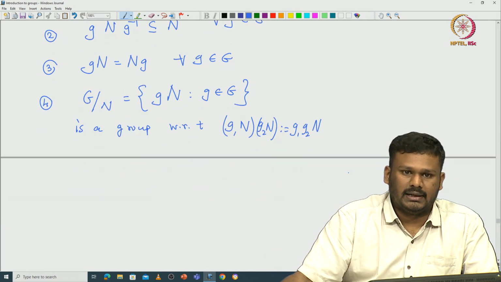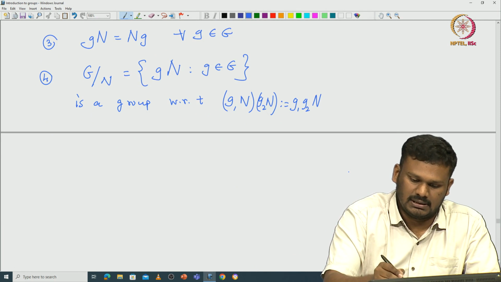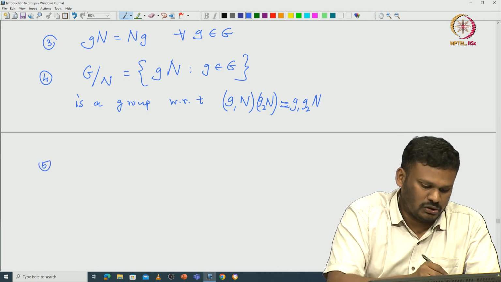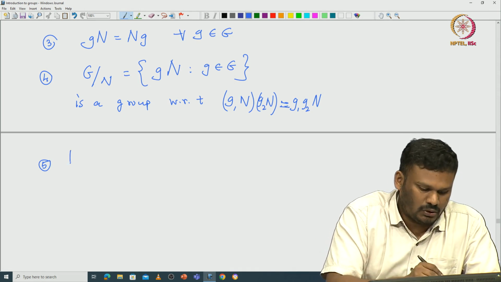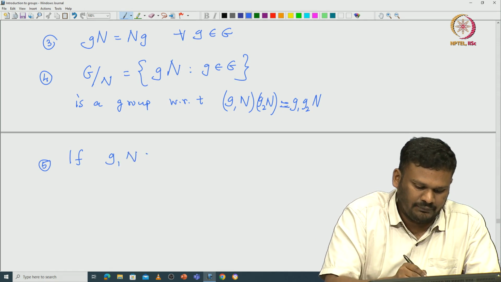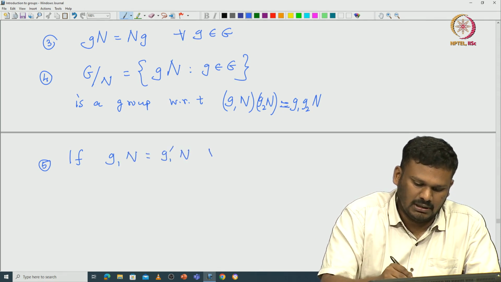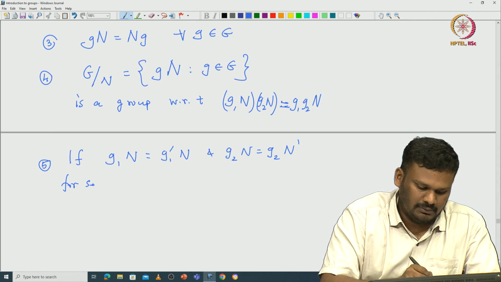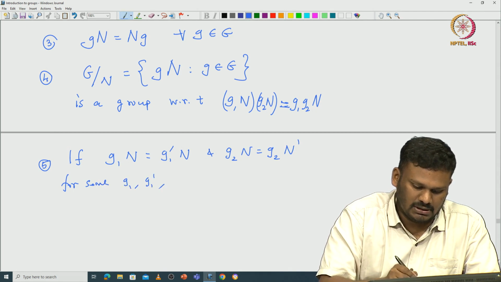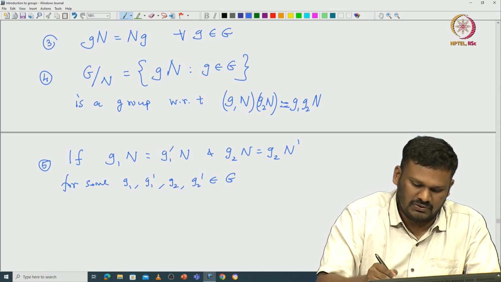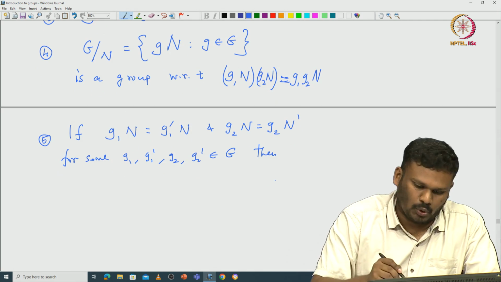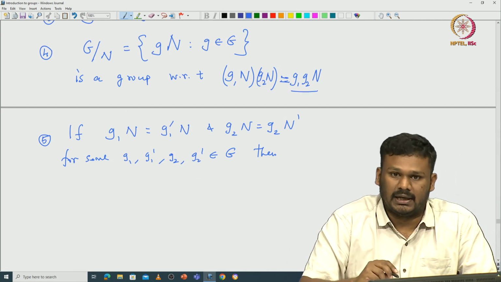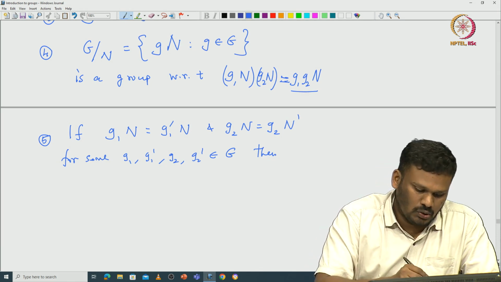Okay. So, note that in this multiplication there is already this well-defined property. So, that one can also take as another definition of this normal subgroup. If we take two different representatives, let us say g1N equal to g1'N and g2N equal to g2'N, for some g1, g1', g2, g2' which are elements of G, then if you consider this product, which you want to demand to be the right hand side, g1g2N, those things should be equal.